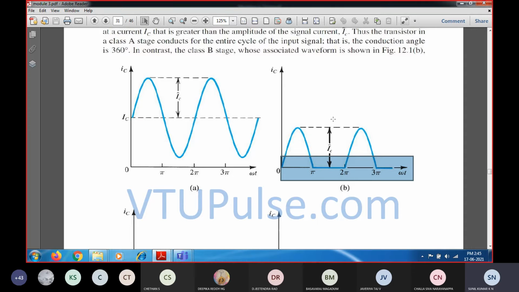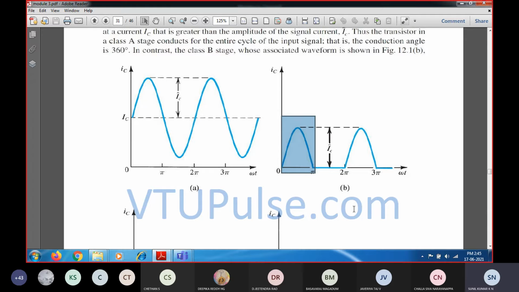Suppose the Q point is selected at the cutoff point, along the base of the x-axis. Then only the positive half cycle will give output. The negative half cycle will get clipped off, so for a given input of a full cycle you will get only one half of the cycle, that is 0 to pi, as the output.